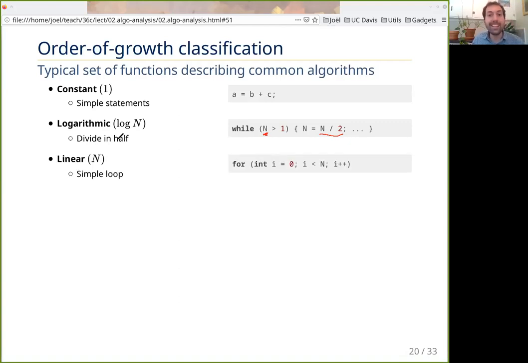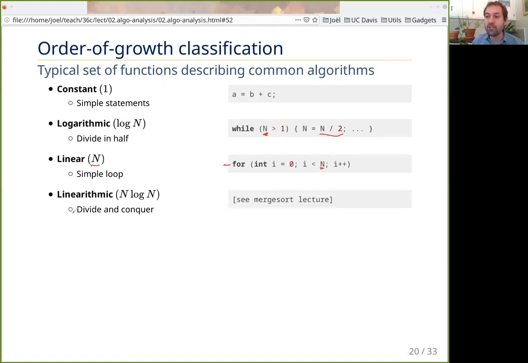Next, we have linear. This one is the easiest. It means if you have a collection of n items, then you go through all of them. Typically it means that somewhere you have a for loop that goes from 0 to n. So if your collection n has 8 elements, you're going to have 8 iterations. If you have 16 elements, you're going to have 16 iterations, and so on.